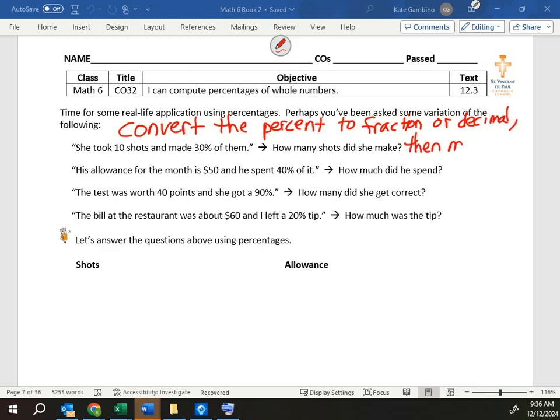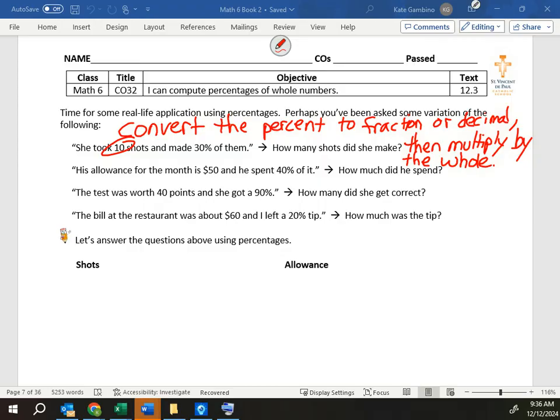Then multiply by the whole. So if she took 10 shots, that's our whole, right? That's the main number. You want a percentage of a whole number.